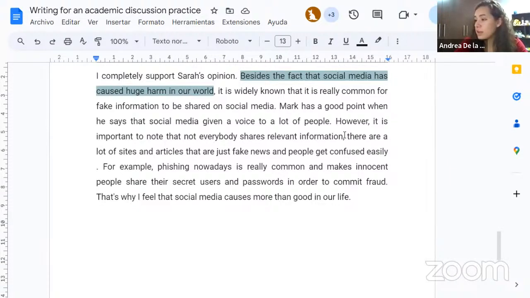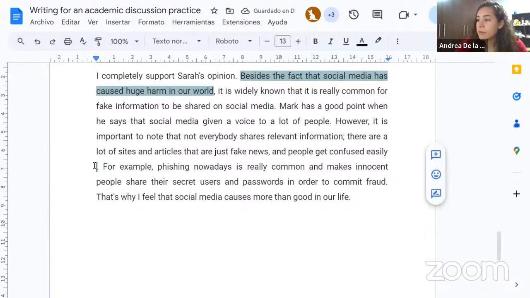Great. I love this. The only thing that I would be careful with is punctuation. We're gonna see punctuation tomorrow, so don't worry about this. I'm gonna explain how punctuation works in very broad terms. But in this case, you would need a semicolon here, and you would need a comma in here. But we'll talk about punctuation tomorrow.